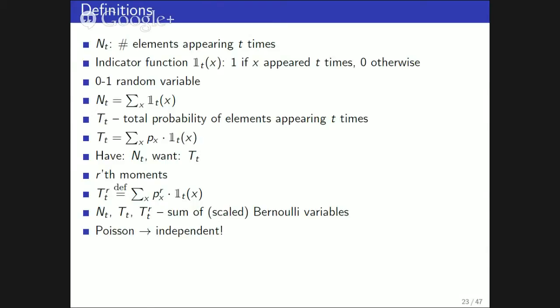So let's say that you want to do something for fixed size n equals 1,000. Then what we'll do is apply our results, instead of size 1,000, to maybe 900, with Poisson 900.